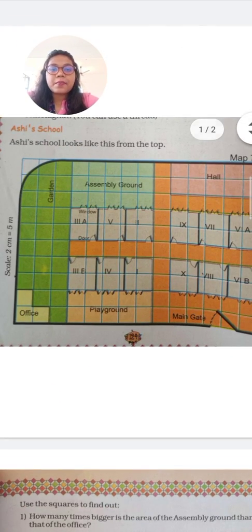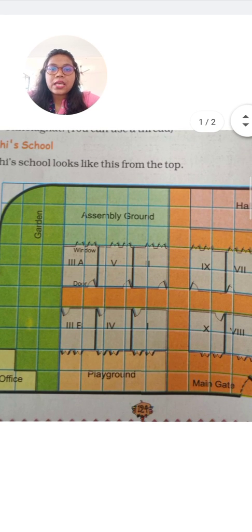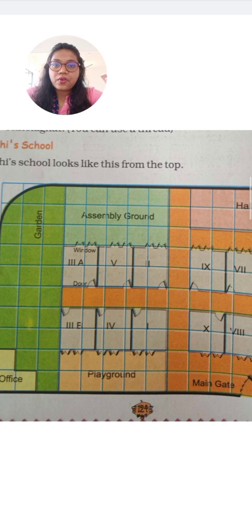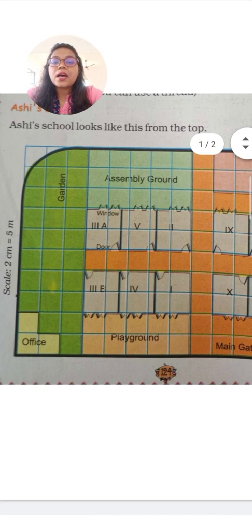Then for the assembly ground you have to count the boxes: 1, 2, 3, 4, 5. There are 3 rows of 5 boxes, so 3 fives are 15. So the total boxes of the assembly ground are 15, and here 3.